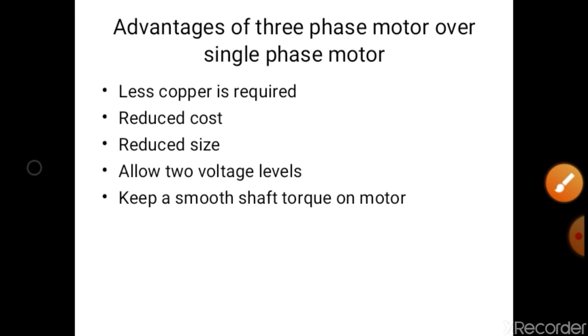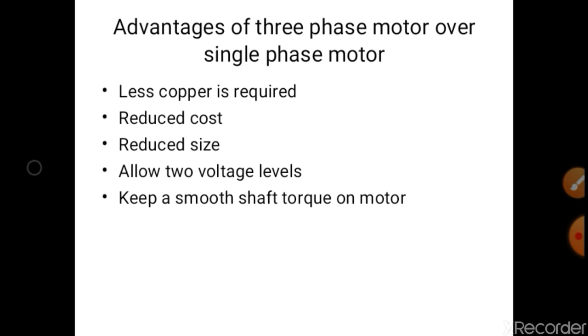It is the last concept in this video, that is the advantages of three phase motors over single phase motors. Why do we go for a three phase motor instead of a single phase motor? A three phase motor requires less copper, so the cost and the size will be reduced.